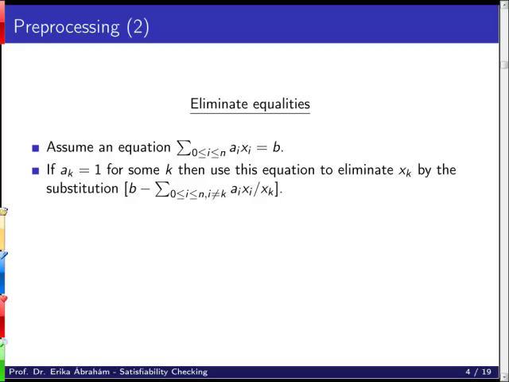Let's say if I have 2x plus 3y equals, let's say, 1. Yeah, it is also satisfiable. Or another example, which we will take later, is 4x plus 3y equals 7. What is the problem in this case? Why we cannot apply the previous simplification method?